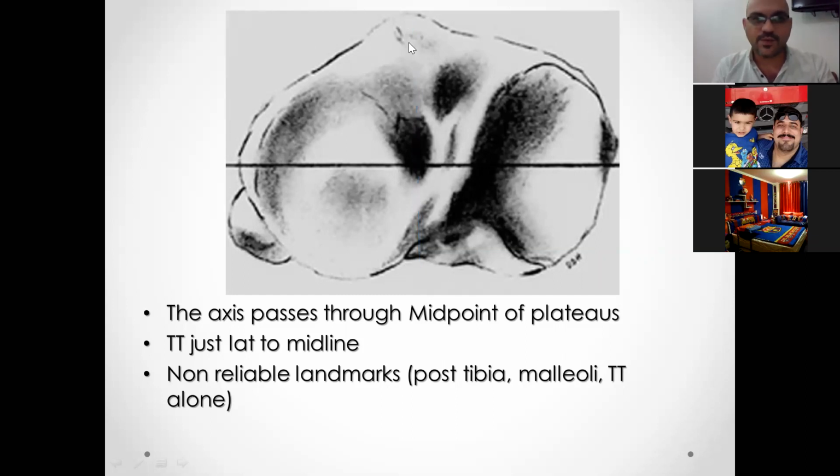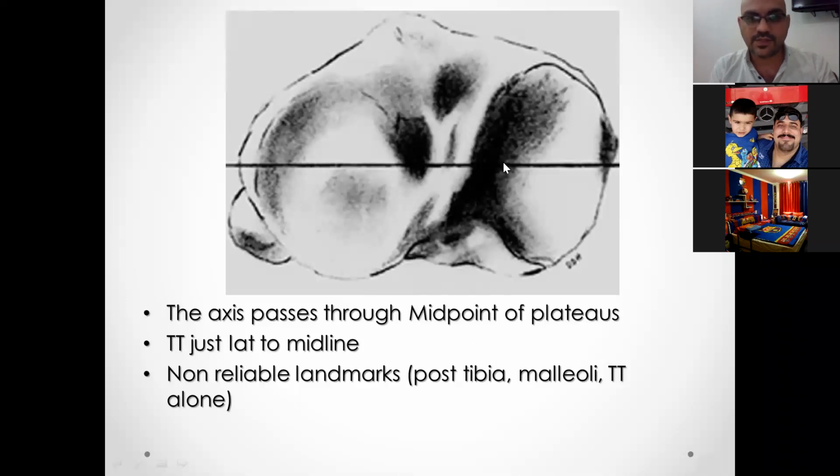So that's why when we are referencing the tibial tray in total knee arthroplasty, it must be in external rotation like that of the anatomy. We don't rely on the posterior tibia, because the posterior medial tibia is a little bit larger than the lateral tibial plateau, and the intermalleolar line is not parallel either, because it is 30 degrees of external rotation from this line.